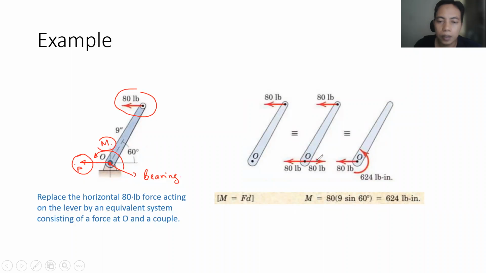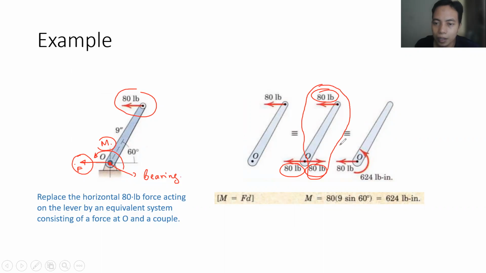Here we add a pair of forces, which are equal in magnitude to this one but have opposite direction, so they cancel each other. So virtually this is 0. Then next, we see this pair of forces, this couple, as a moment couple.